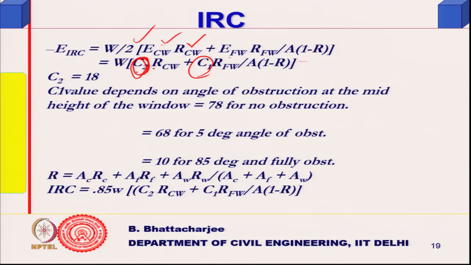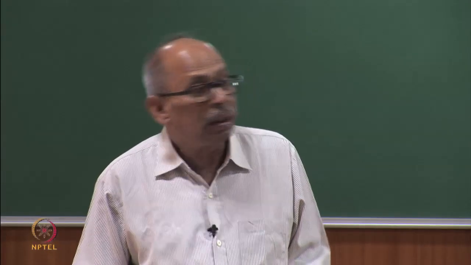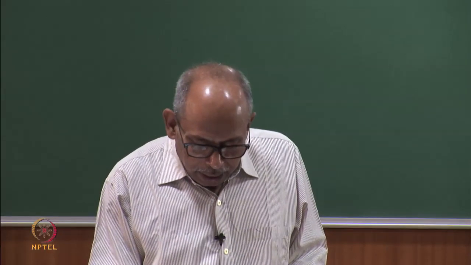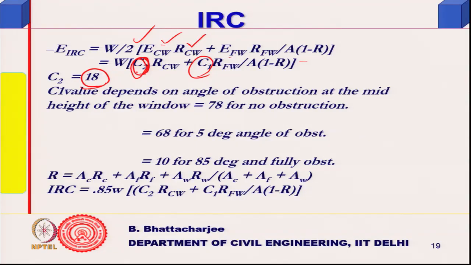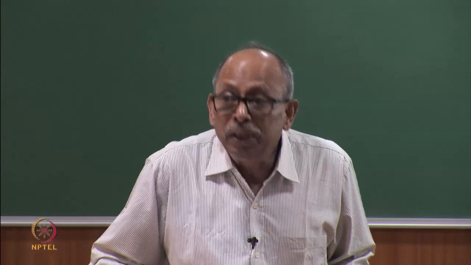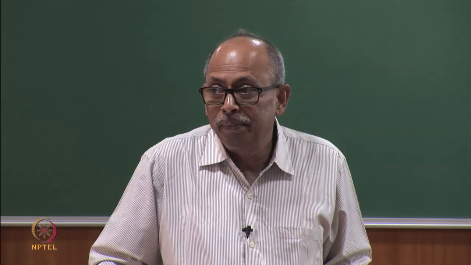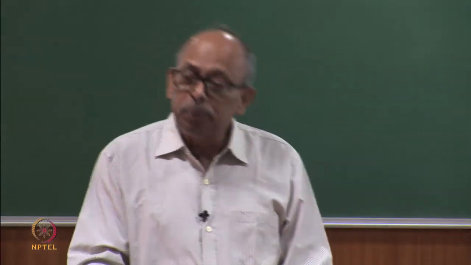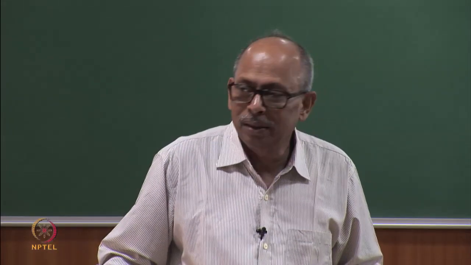C2 is going to the ceiling, so it comes from the ground. Assuming the ground reflectance to be about 18%, it will depend upon the vegetation type and the location type. For example, if it is subtropical, it could be 10%.